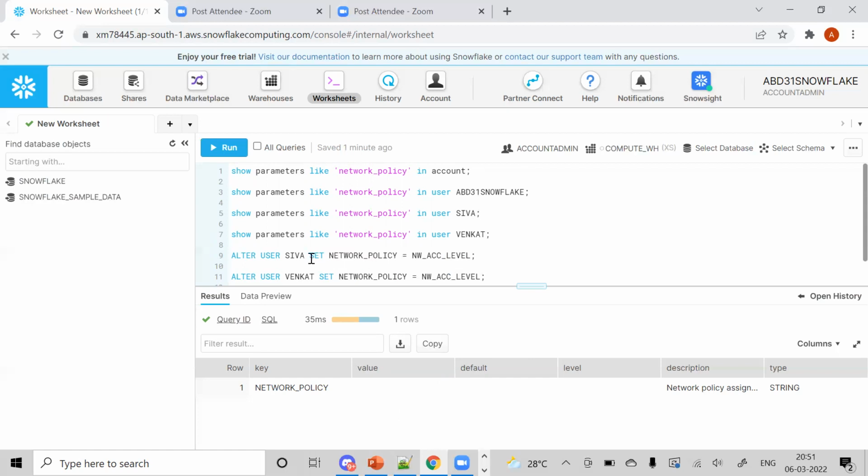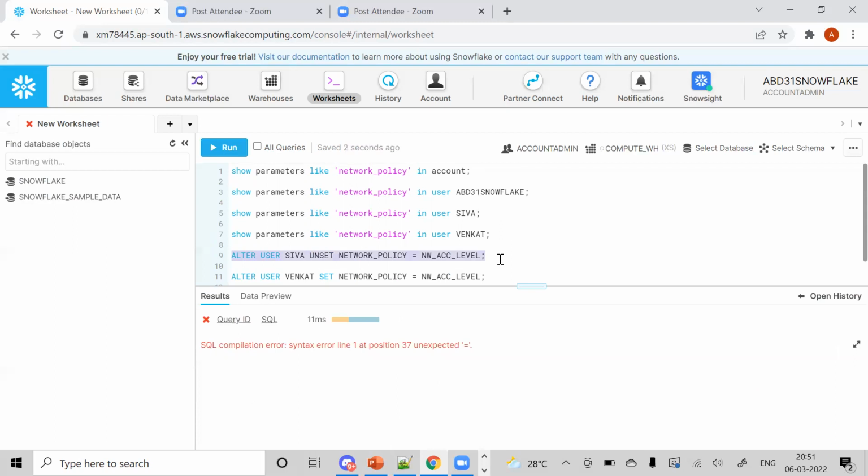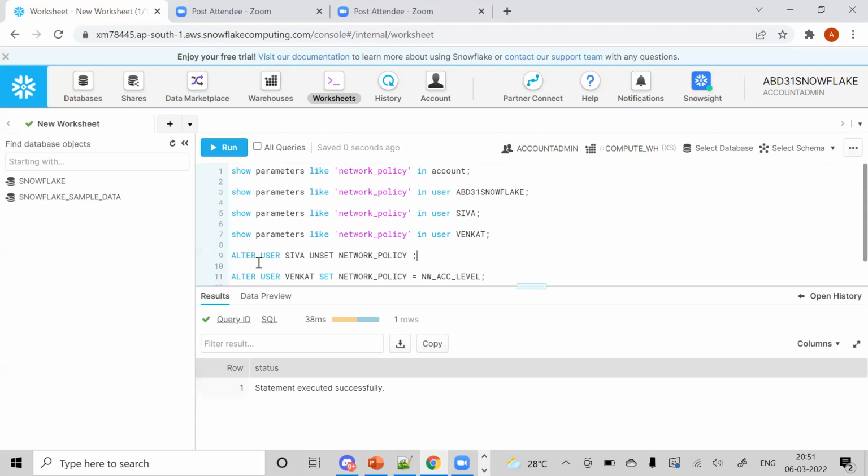If I unset it for you, I just have to write alter user Shiva unset network policy. Now you will be able to log in.